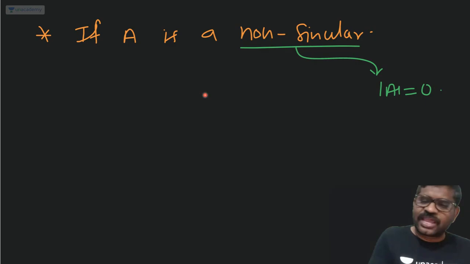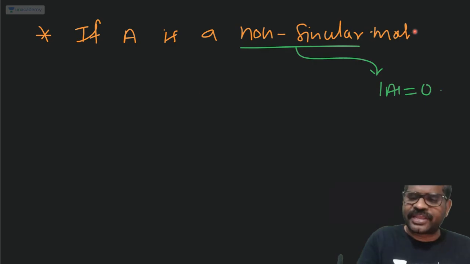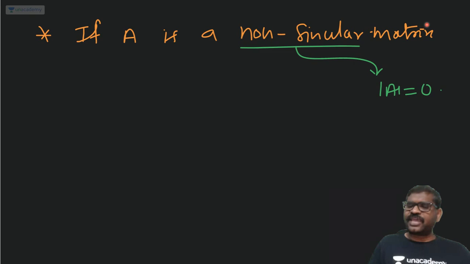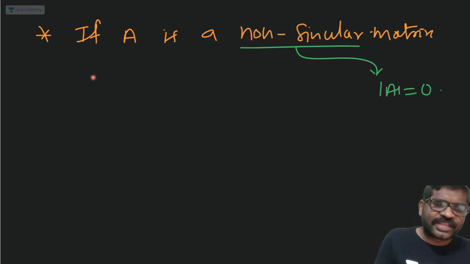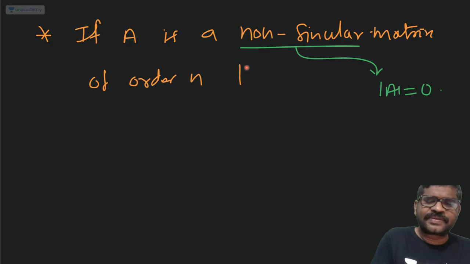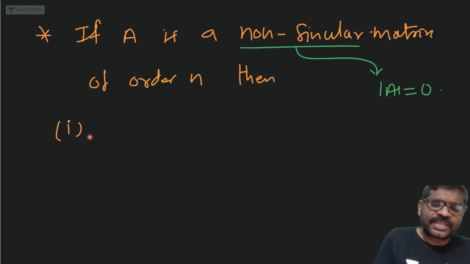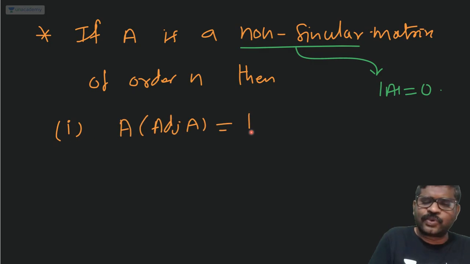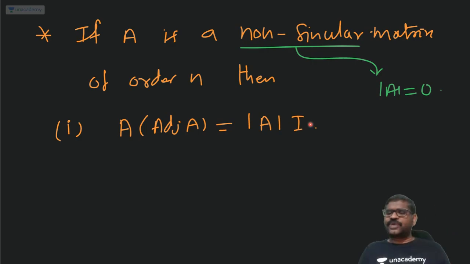If A is a non-singular matrix of order n, then the first property: A into adjoint A equal to det A into I. A into adjoint A equal to det A into I.